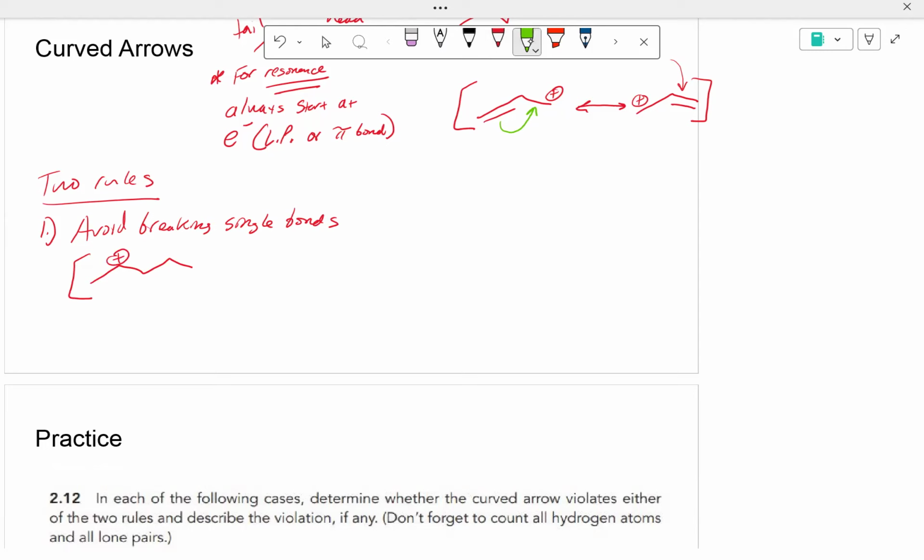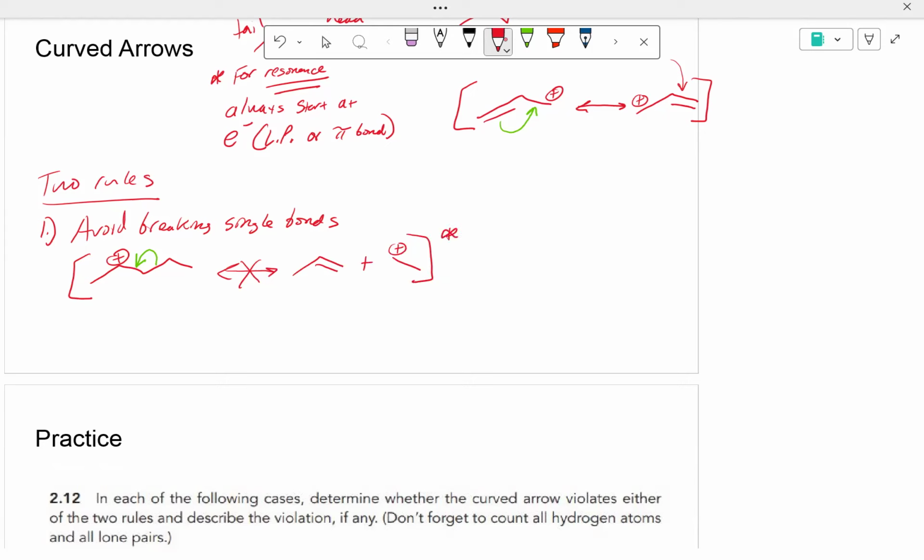So let's say we try to do this. Okay, notice where my arrow is starting. My arrow is starting at a single bond. Okay, very bad. I would never show a resonance form like this. This isn't even a resonance form. This is actually technically a chemical reaction.